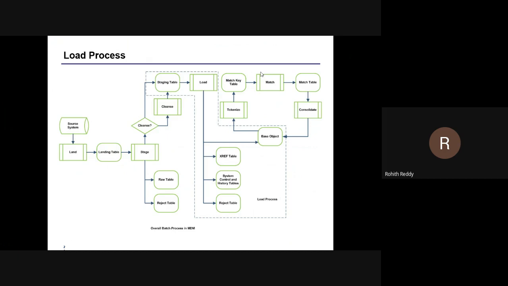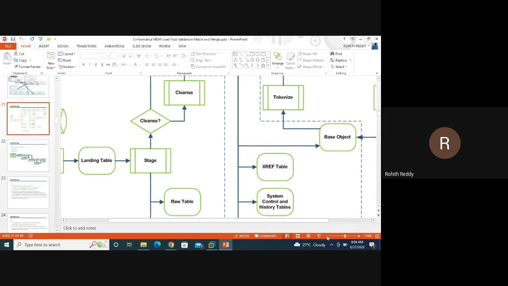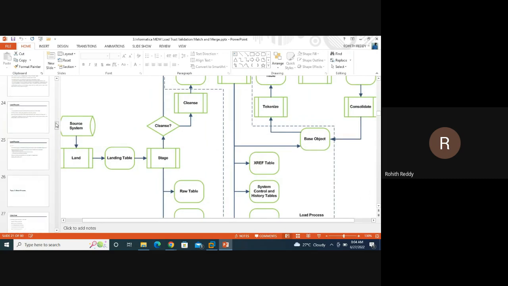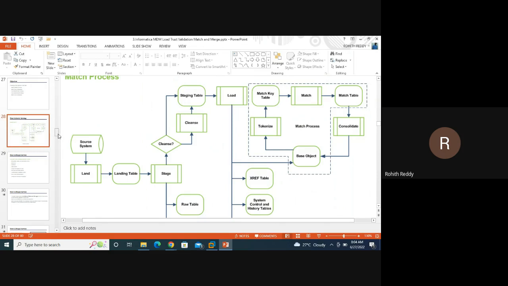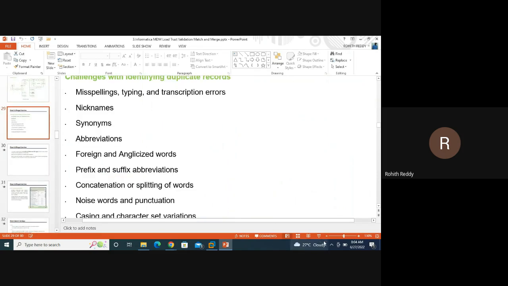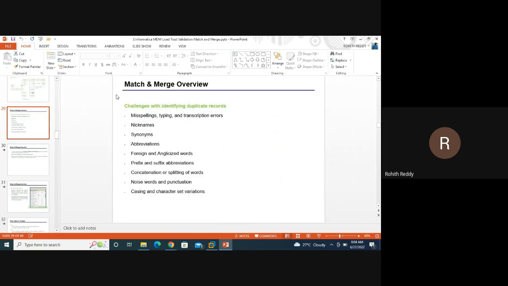So let's see at the tool level what properties we configure. As I said, the match process means identifying similarities between records, or exact matches. Why we go for this match process is simply to identify duplicates.